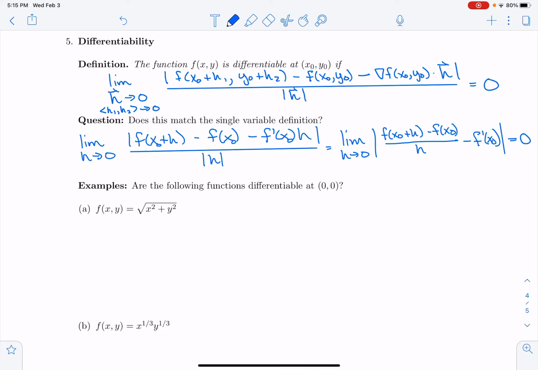Well, what's happening is I'm comparing the difference quotient here with the derivative. And instead of saying that the limit of the difference quotient is equal to the derivative, I'm going to look at the difference between this difference quotient and the derivative. And if in the limit it's 0, then these two things are going to be equal.